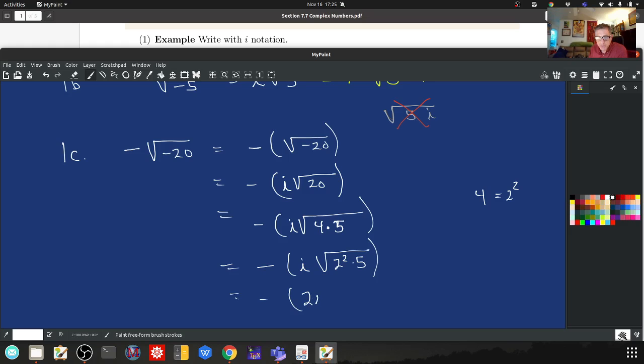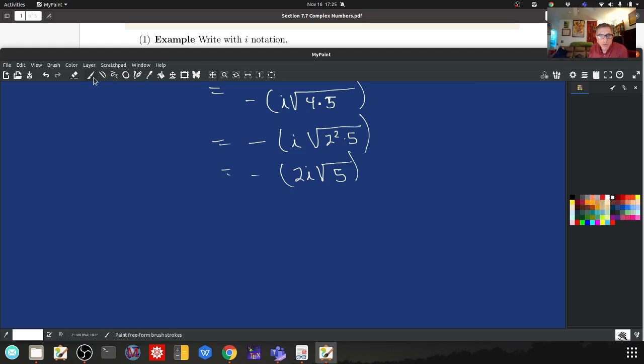It just becomes 2. It loses its exponent. And now at the last step, if you want, you can go ahead and apply the negative. This is the negative of this quantity, so we just remove the parentheses. It's minus 2i times the square root of 5.